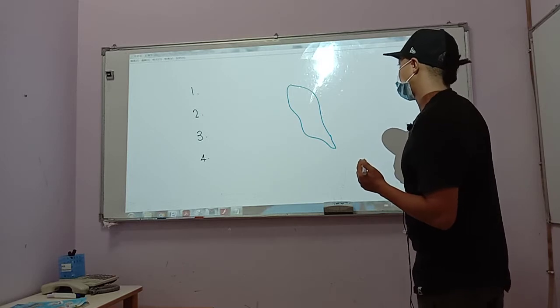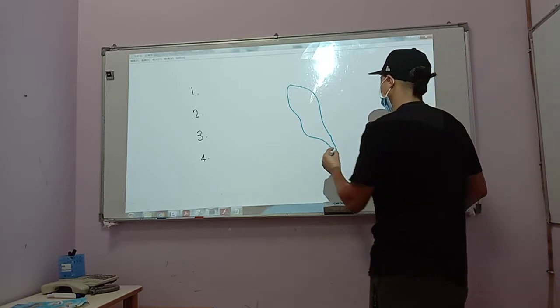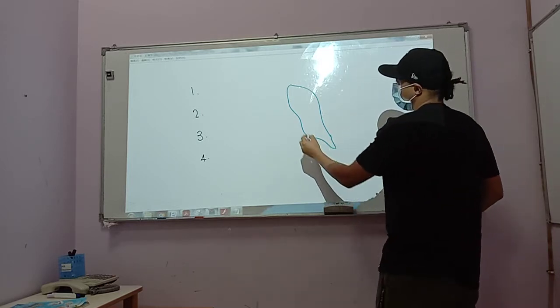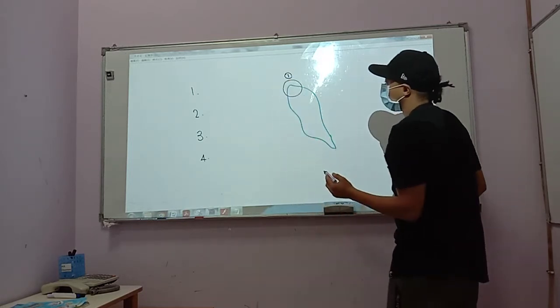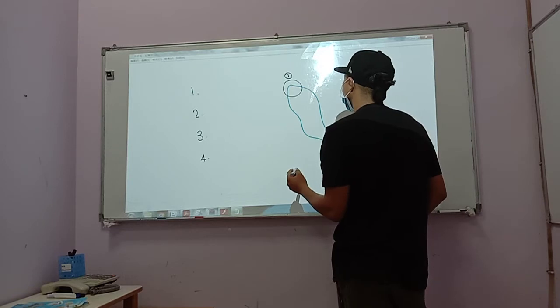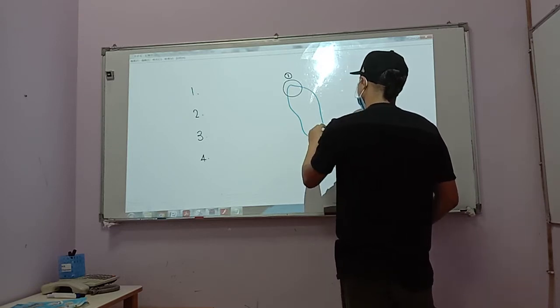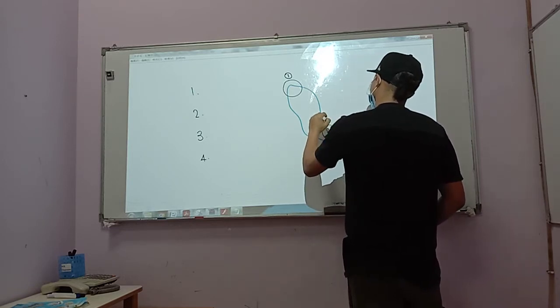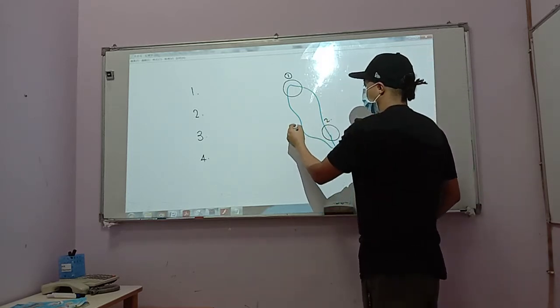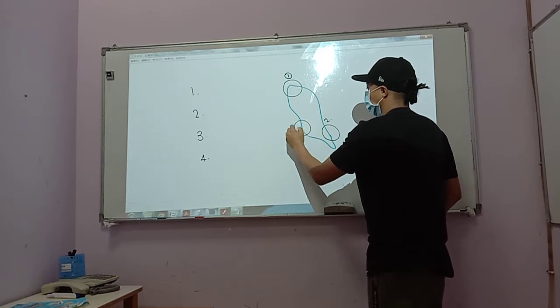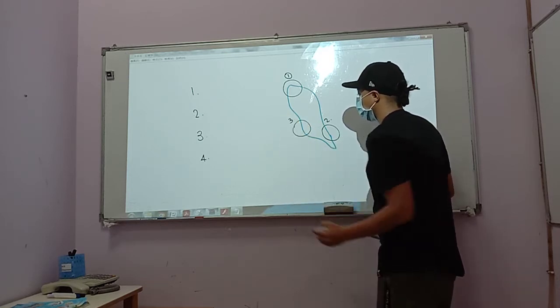Okay, so the first one that I want to go to is somewhere over here. So that's number 1. The next place I want to go to is somewhere over here. So that is number 2. And then also over here, I would say is number 3.